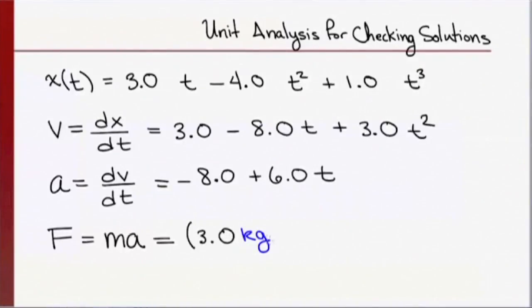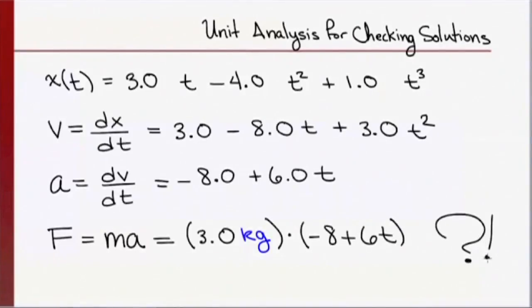So there's my m, and my a, according to this expression, is minus 8 plus 6t. So I look at this and I think to myself, uh-oh, this can't be right, because this doesn't have units of force. This is not in units of newtons, this is in units of kilograms. So this entices me to go back into the problem and try to figure out what went wrong.